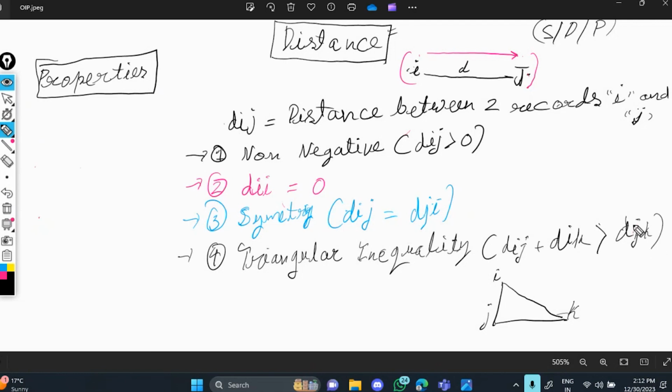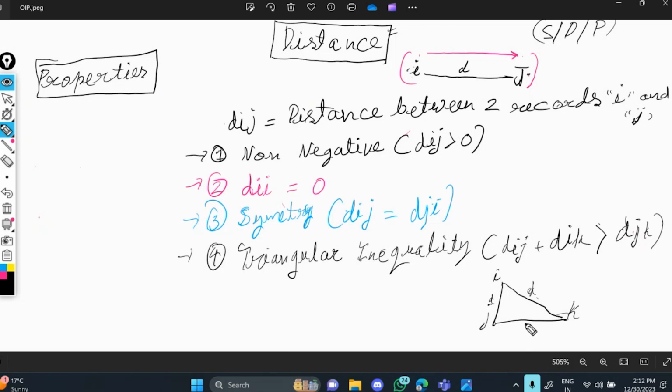So what is triangular inequality? You can see this diagram. We have a triangle here. We have three different points I, J, and K. If we try to calculate two different records into one, here we can see Dij. If we try to calculate the distance between Dij and Ik, if we add them together, it is also greater than Djk.